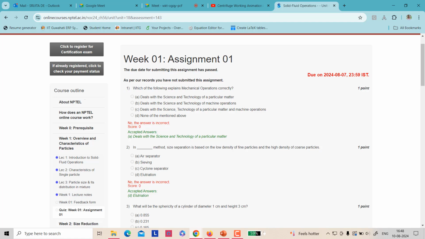It will also include machine operations, no, ma'am? Machine operation, particular method, so will machine operations also be included or not?